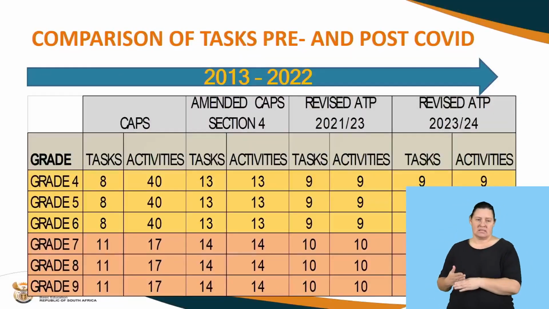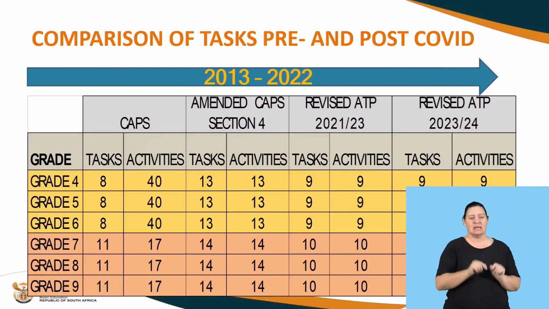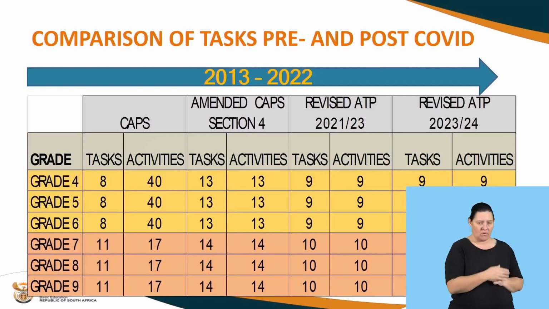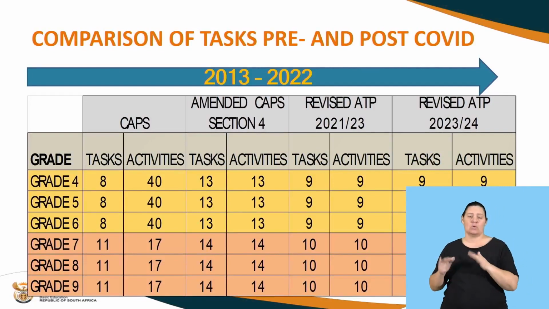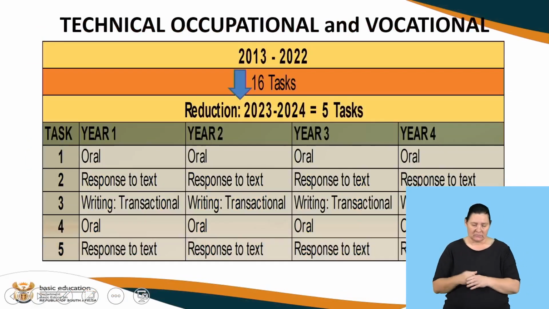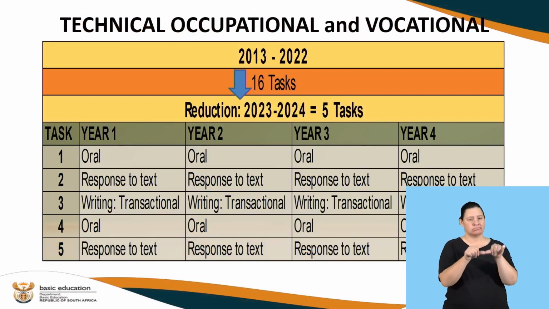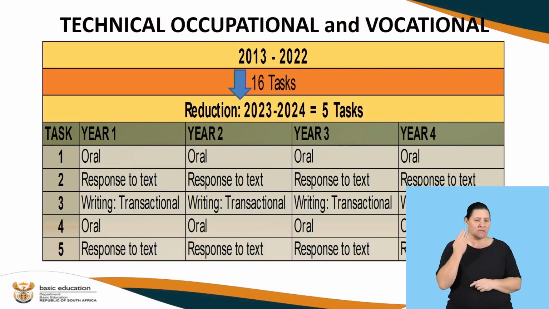With the senior phase, almost the same. 17 activities with CAPS, and you can see there with recovery ATPs, we reduced it now to only 10 activities. The same scenario prevails with technical, occupational, and vocational. They previously had 16 tasks.